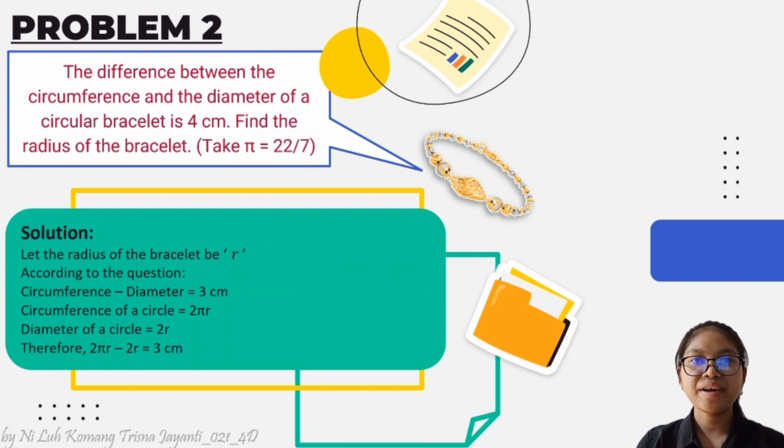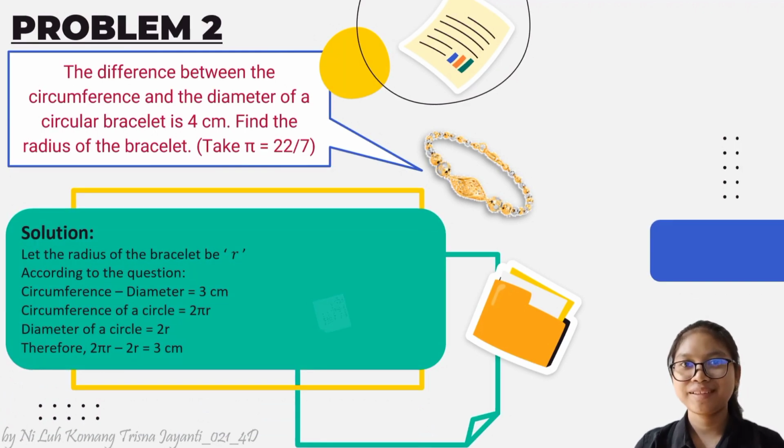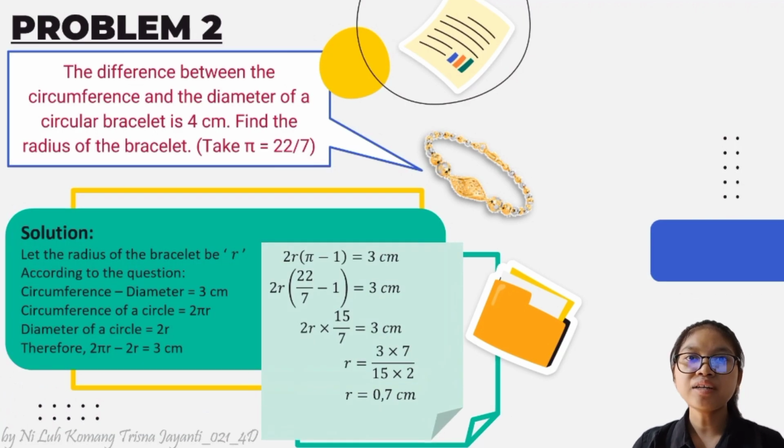Therefore, 2 pi r minus 2r equals 3 cm. So, 2r times (pi minus 1) equals 3 cm. We can substitute for the value of pi. 2r times (22/7 minus 1) equals 3 cm.